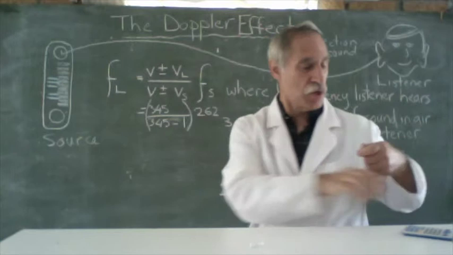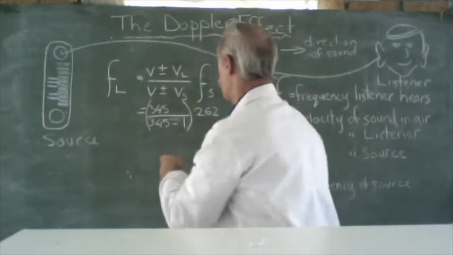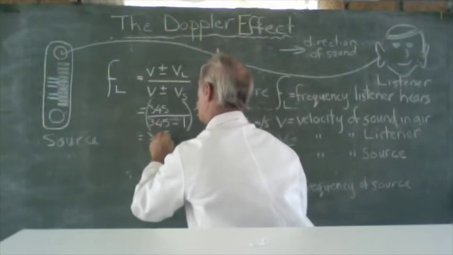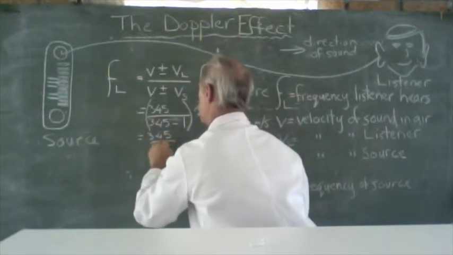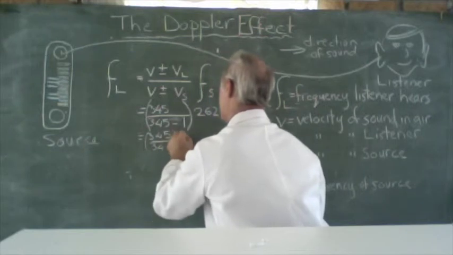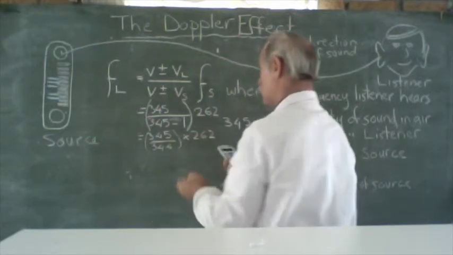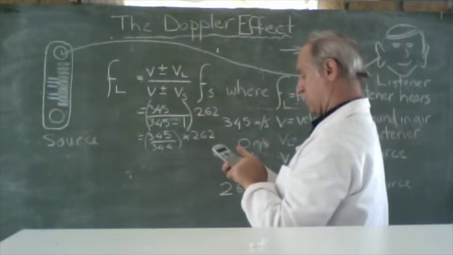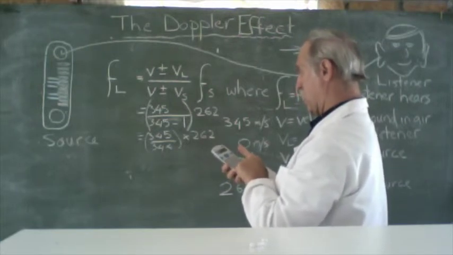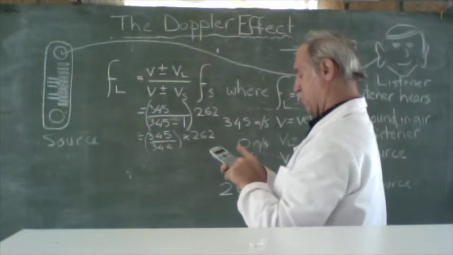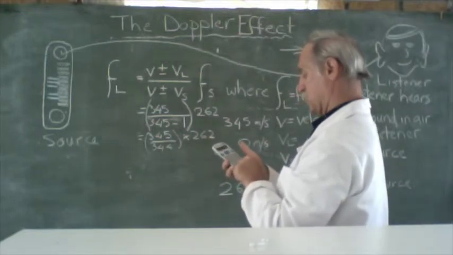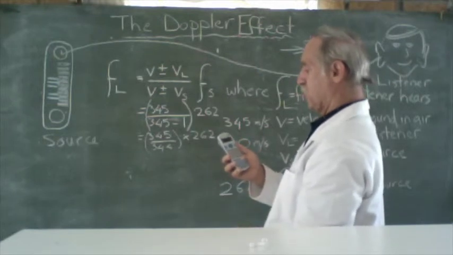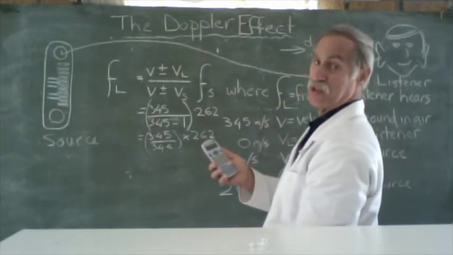Let's work that out. So, we're going to say 345 upon 344 times 262. So we've got 345 divided by 344 times 262 equals, and the frequency is going to be 262.76.